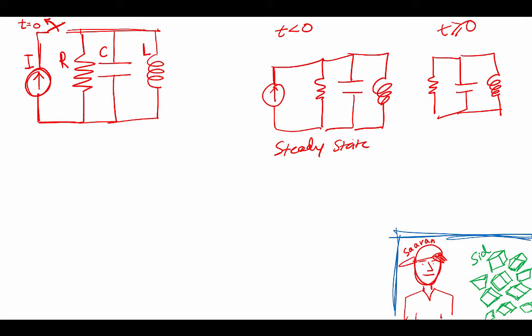That's fair, yeah. At steady state, what does a capacitor become? Once a capacitor charges up and reaches a steady state voltage value, there's no more current flowing through it, so we model that as an open circuit. What's the initial state of an inductor then?